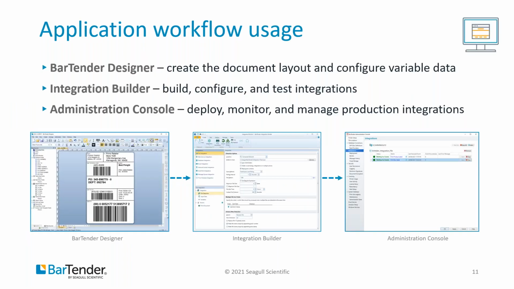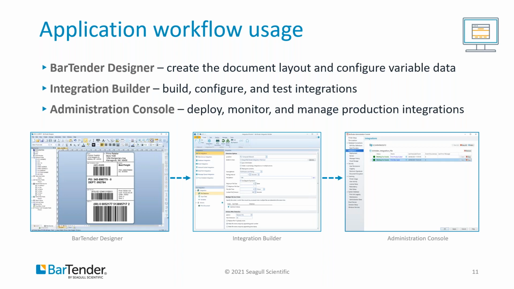Okay, so application usage. This is the general workflow that you're looking at when you're setting up your integration. The first thing you'd want to do is, in the BarTender Designer, design your document. In particular, set up your variable data sources, whether this is for record data or named data sources for key value pairs.